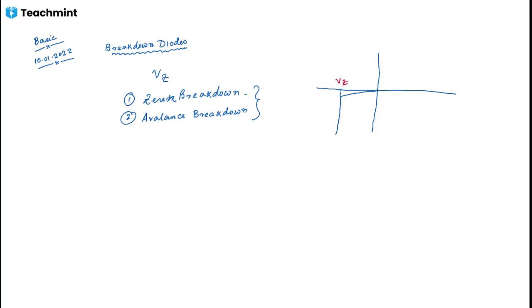This is minus V, and this is plus V. This is the diode current IF in milliampere, and this is the reverse current IR in microampere.